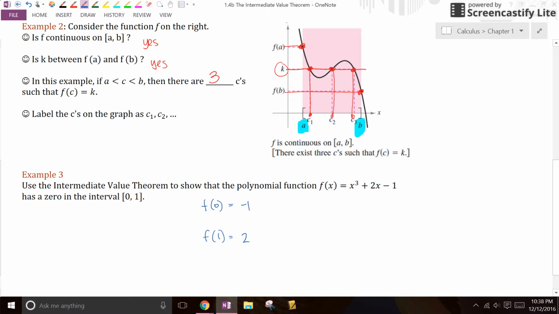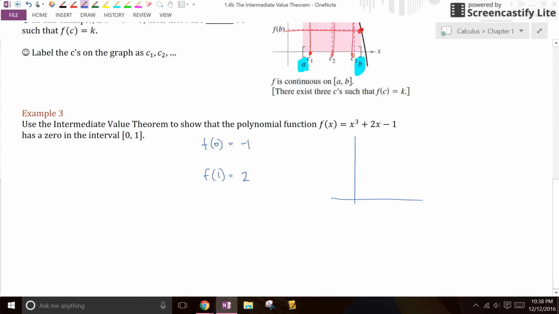So what we have here is the y values. I should have left myself a little more room. If you go from 0 to 1, that's your a and your b, and our y values go from -1 to 2, right? So when it was 0, it was here, and when it was at 1, it's there. Now, is our k value between that?